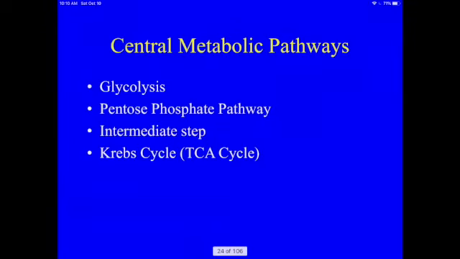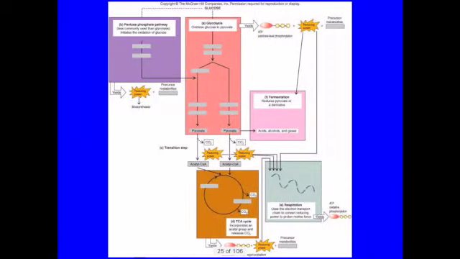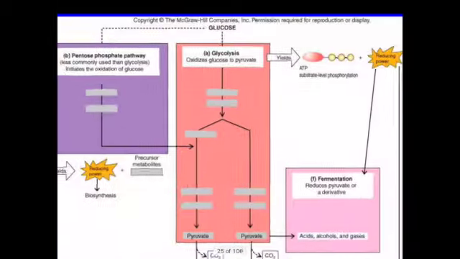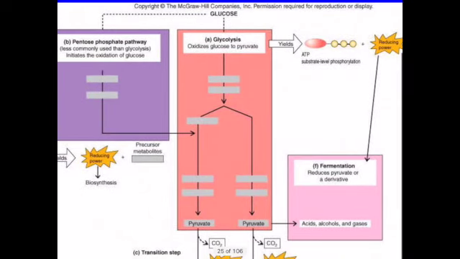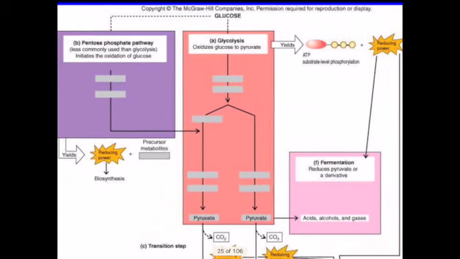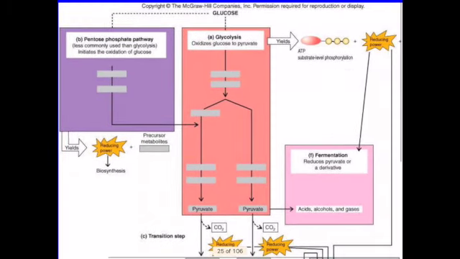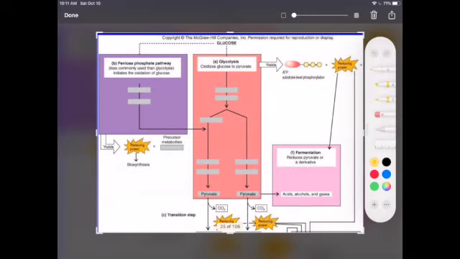Let's look at a graphic of how they fit together. Way up at the tippy top, you've got glucose, center top. It will be broken down by either the pentose phosphate pathway on your left or glycolysis, although glycolysis is the most common.